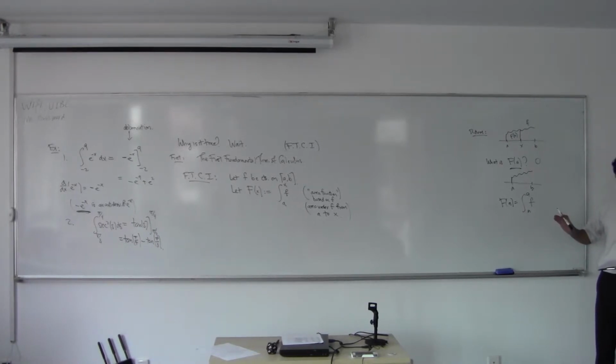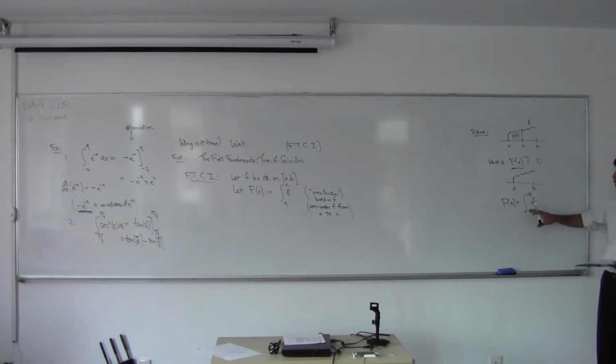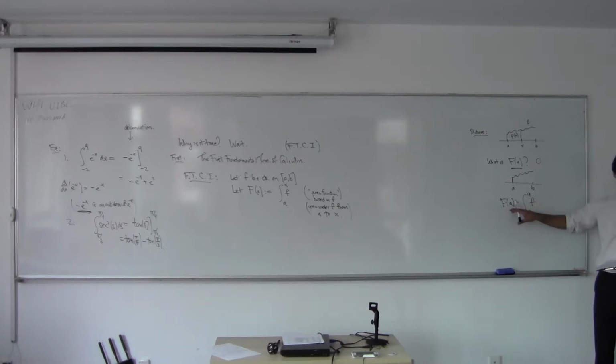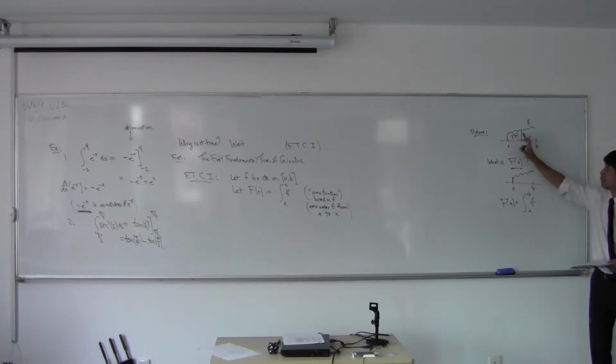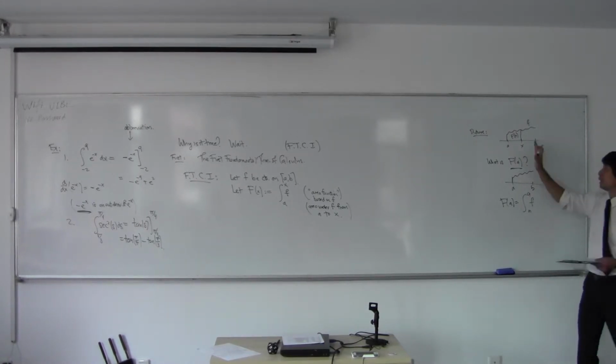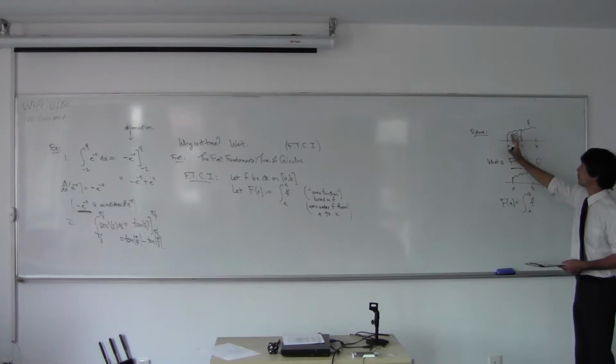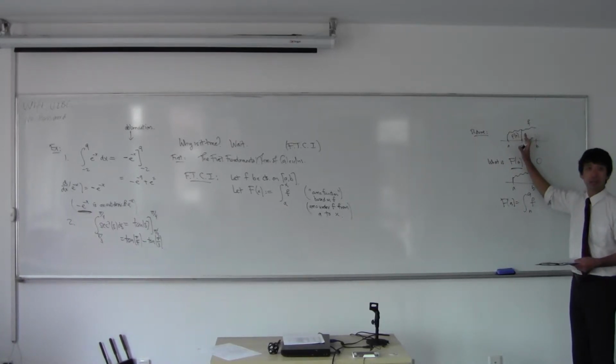Is that clear? If I say what's big F of B, well, that would be the area from A to B, the whole thing, right? Is this clear? If I say what's big F of X, it's the area from here to here.